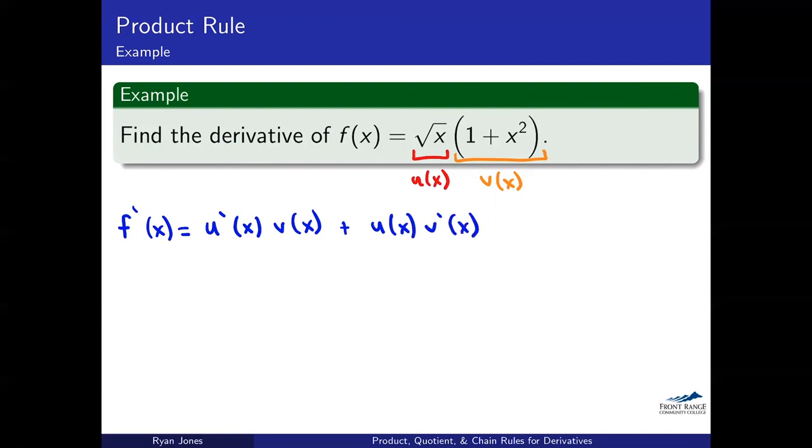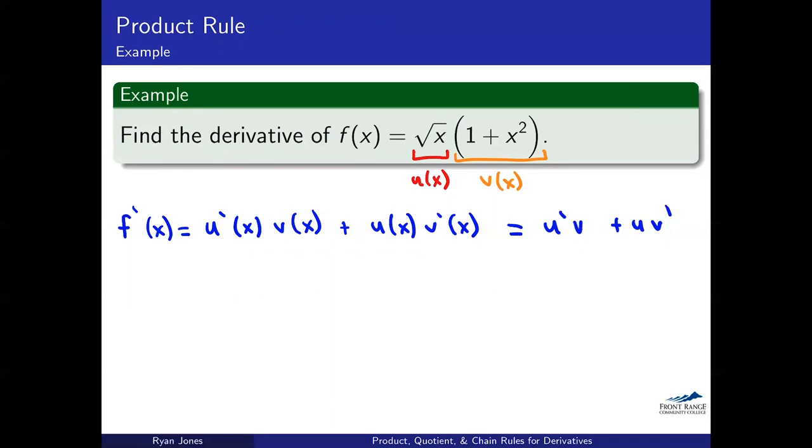And just to be clear, sometimes people will just write u prime v plus u v prime, saving themselves from having to write all of these x's out. We know it's a function of x, so we can just write u prime v plus uv prime.